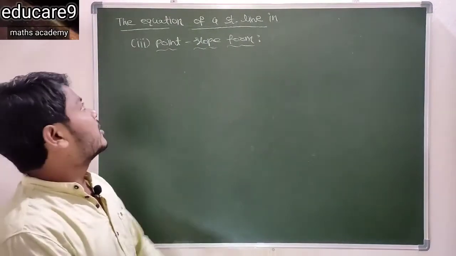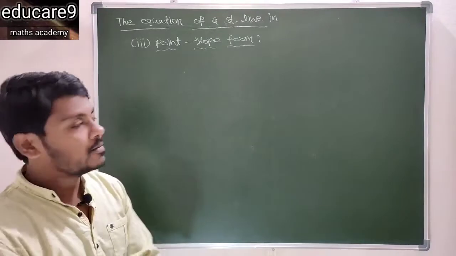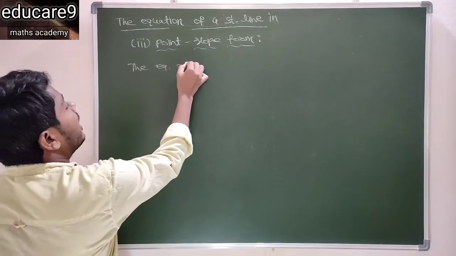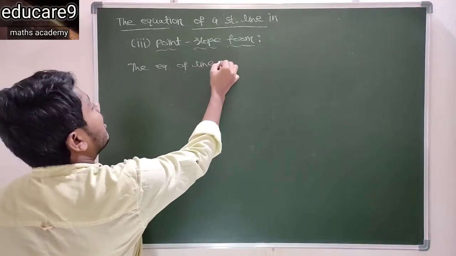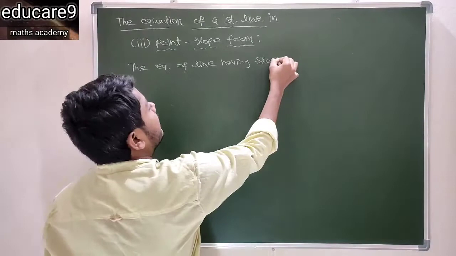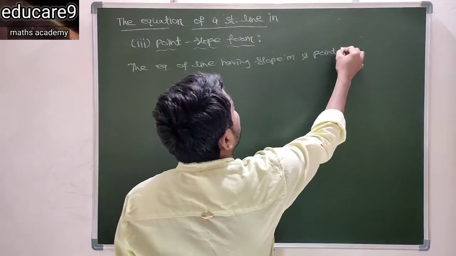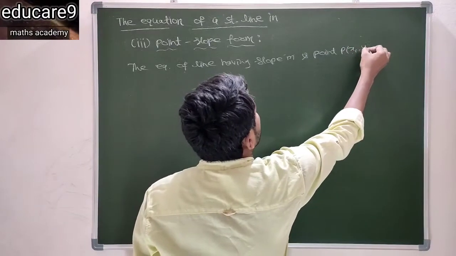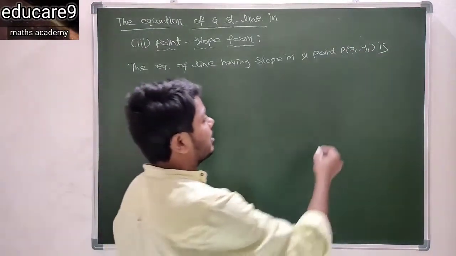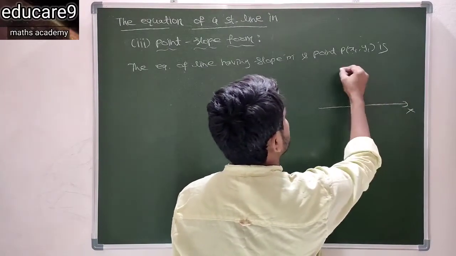So see here, next one, the equation of the straight line in point slope form. Means here, the equation of a line having slope m and point P(x1, y1) is what? Okay. So see here, suppose this is the coordinate axis, x and y axis.